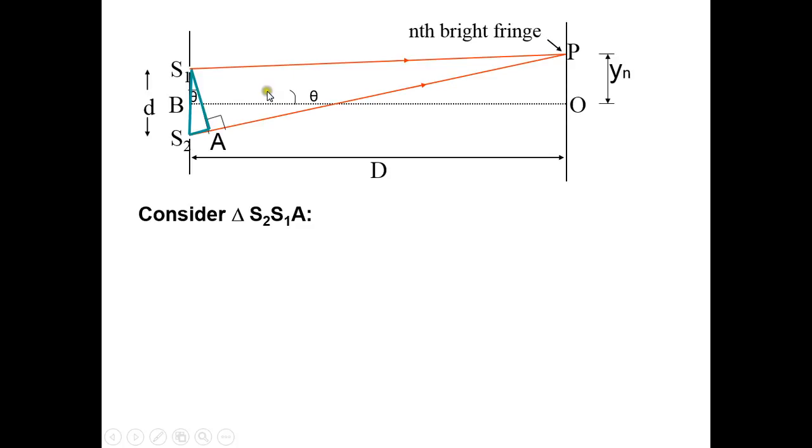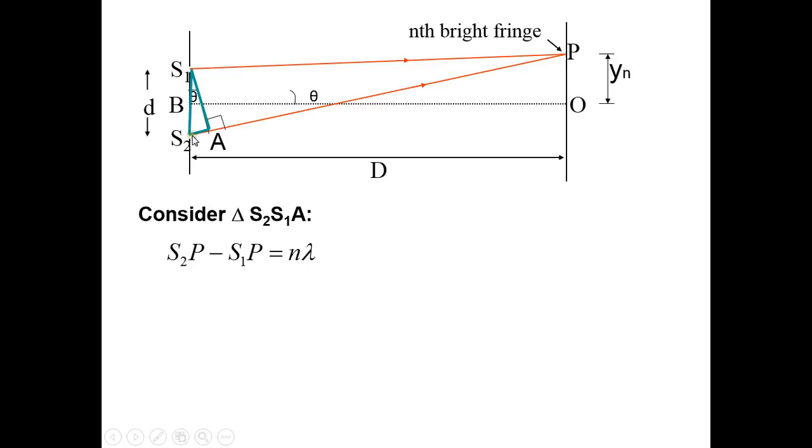I would like you to focus on this green triangle, which is formed by S1, S2, and A. The distance from S1 to S2 is called small d. This is called the slit separation. Small d is very small, typically of the order of 0.1 mm to 0.9 mm, a fraction of a mm.